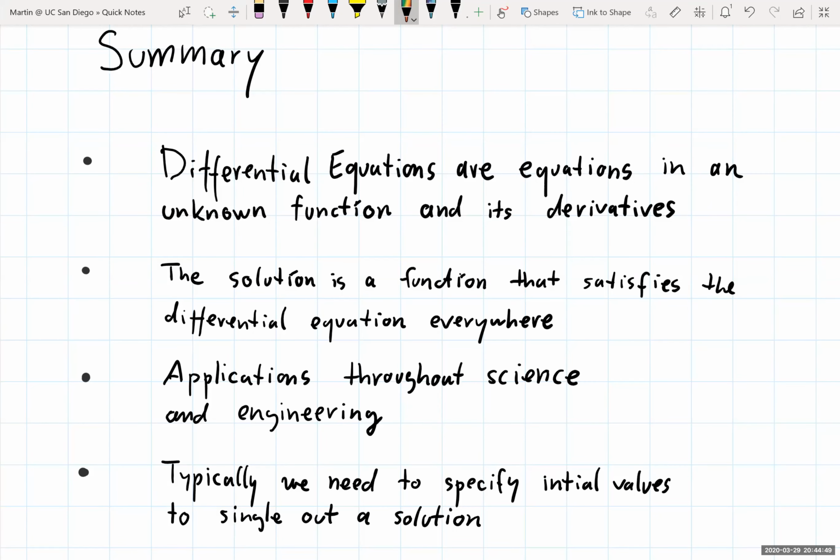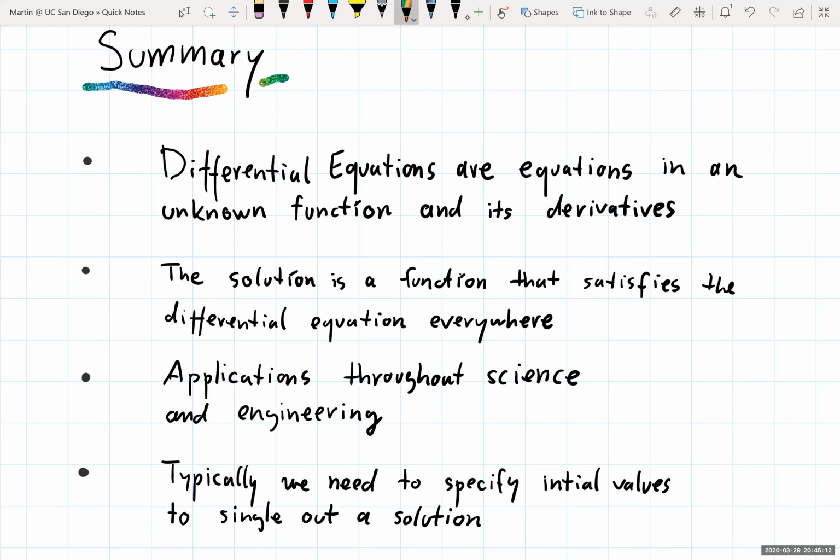So after this, let's do a short summary. Differential equations are equations in an unknown function and its derivatives. And typically what we want is to find this unknown function. Let's say in pure mathematics, we're interested in finding an explicit formula for that function.